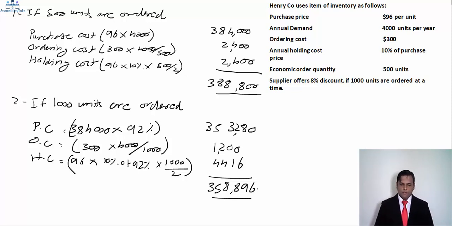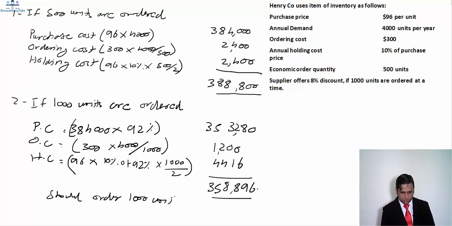So quite a bit of difference over here, around 24,000. The cost wise, around $24,000 difference is over here. So it's obvious that we will be going with that discount in this example. So the Henrico should order 1,000 units and obtain discount.